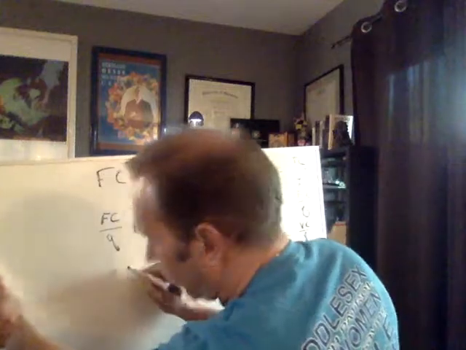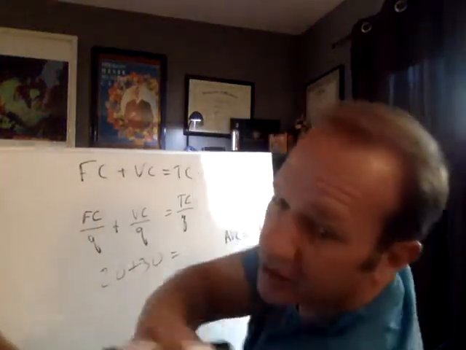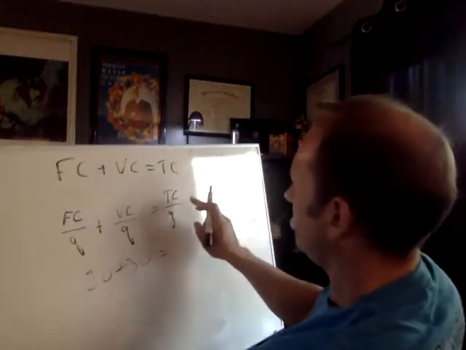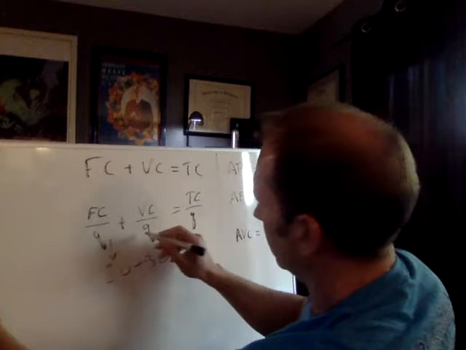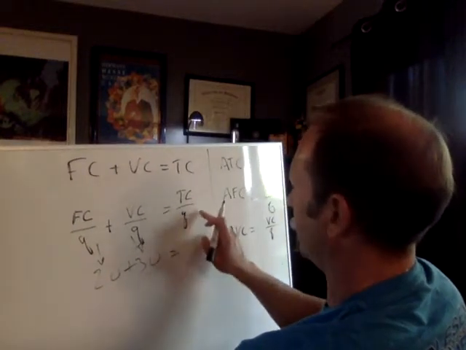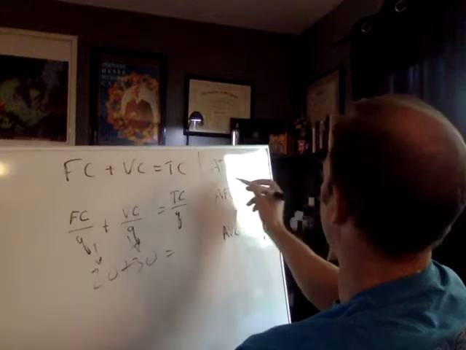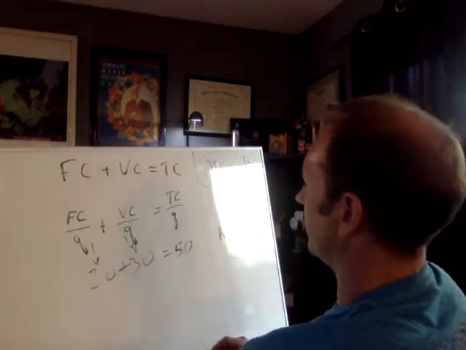I have 20 plus 30 equals something. Well, this is here, this is here, and what it equals is something. Sure enough, it's this right here, average total cost, and that's clearly 50.